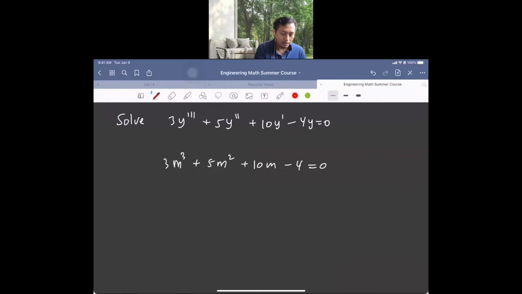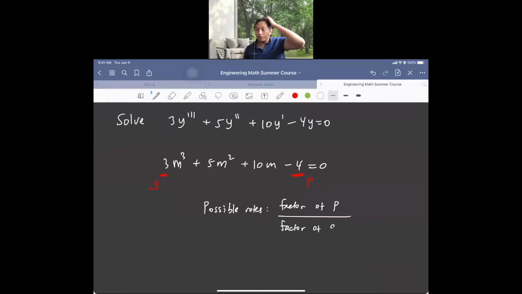So first, let's just imagine this will be p, okay? This will be the coefficient. It will be q, okay? The possible roots, let me give you just the method. The possible roots is factor of p divided by factor of q.